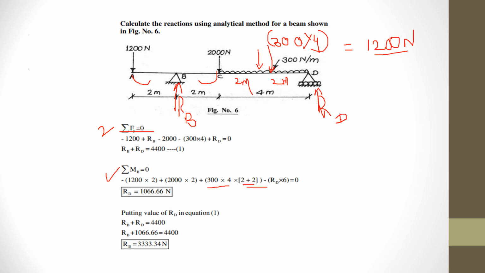So after writing this, put the RD value as 1066.66. So we will get RB as 3333.34 Newton.